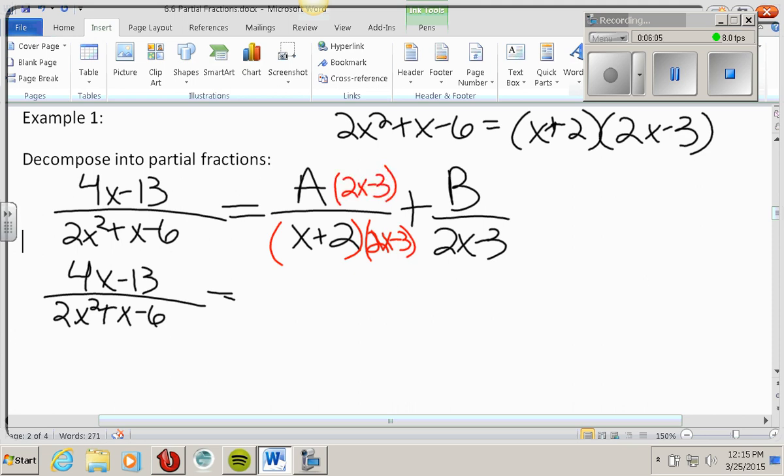If we multiply the denominator by something, we also have to multiply the numerator. And we're going to multiply B by x plus 2, and the denominator there by x plus 2 as well.